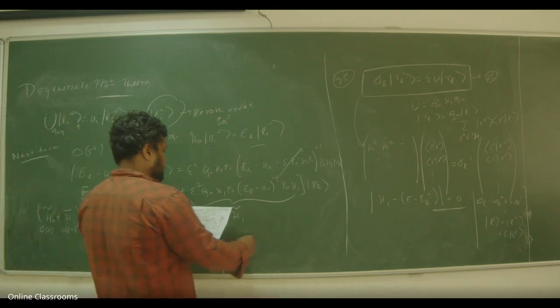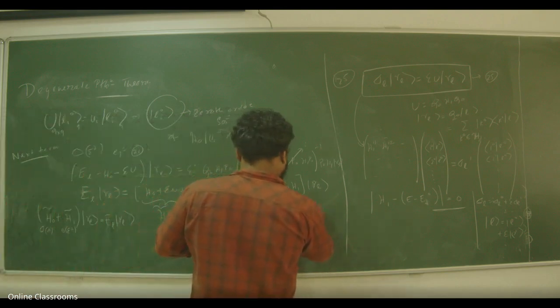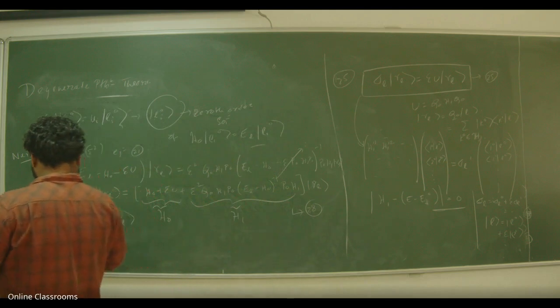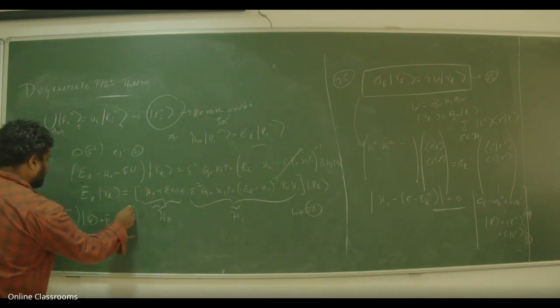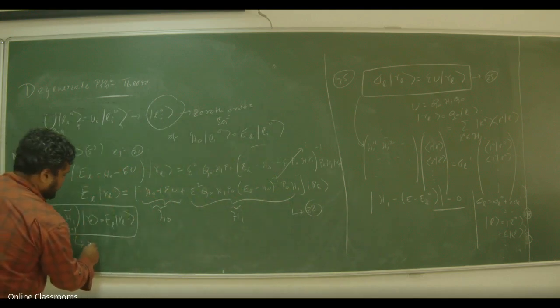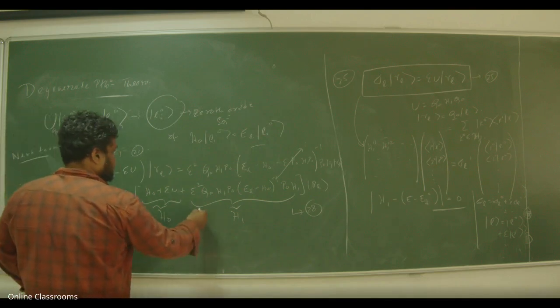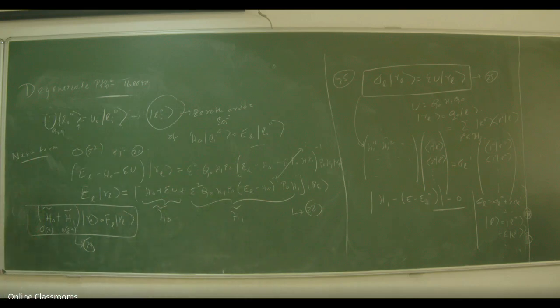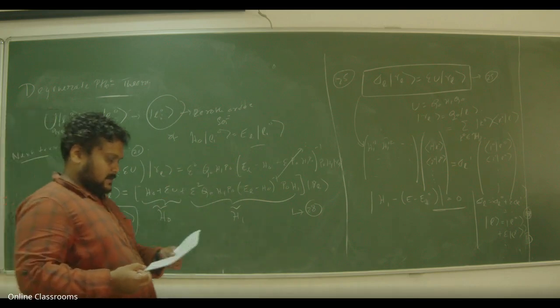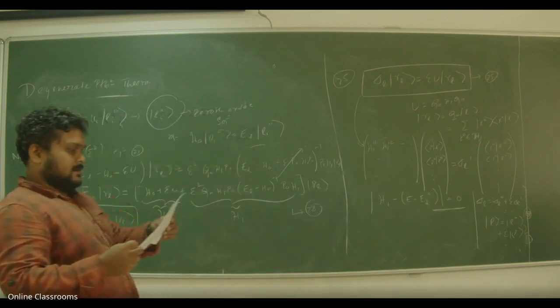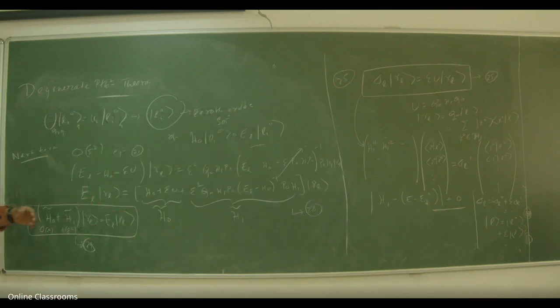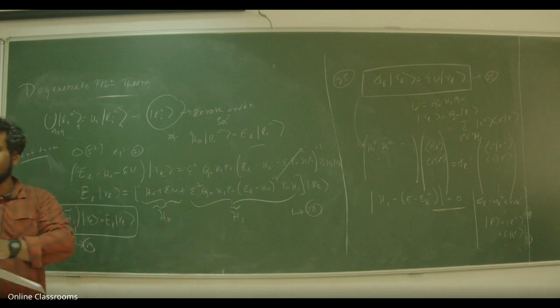So this is my equation 28. And this is my equation 29, where my H naught is, and H1 is just this term, the effective Hamiltonian of one higher order. Notice that I expected that after I solve this first problem, my degeneracy is removed, right?